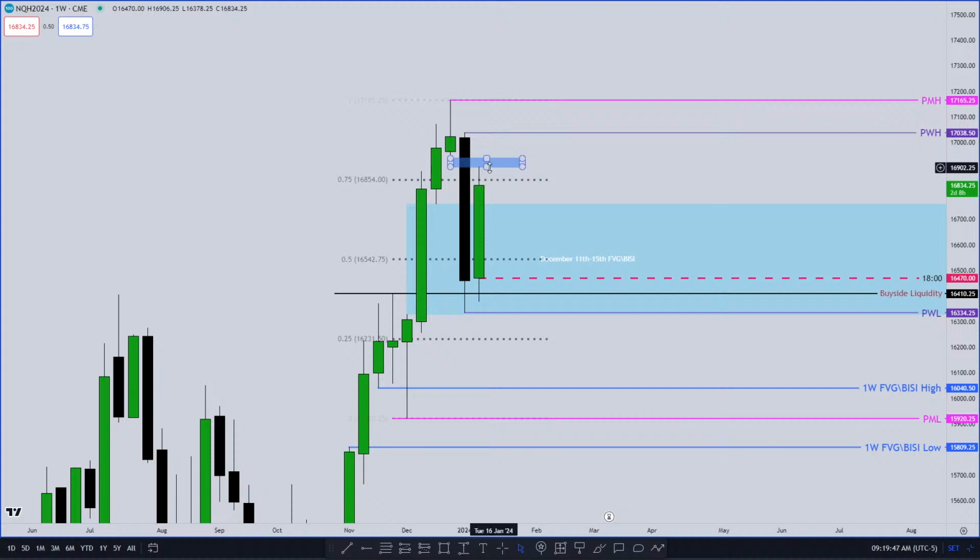I don't really know how to word it better, but basically S&P went and touched that low and NASDAQ did not. So it's leaving a gap here that can be later referenced in the future.